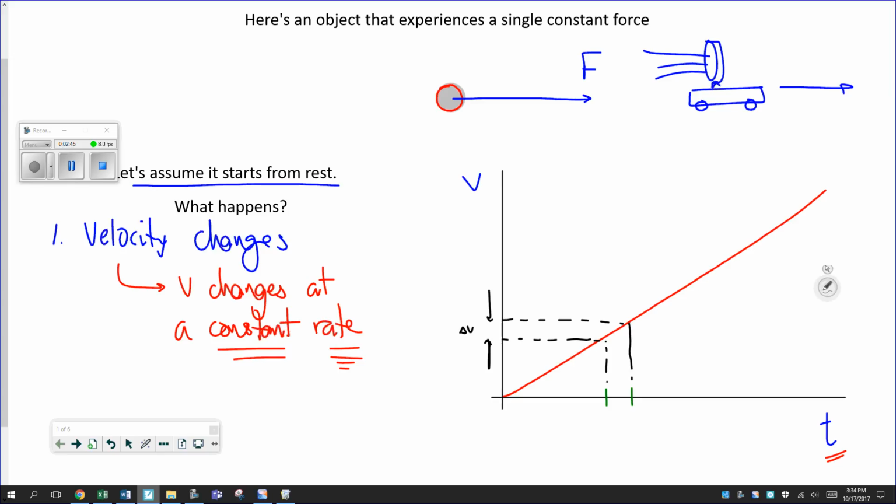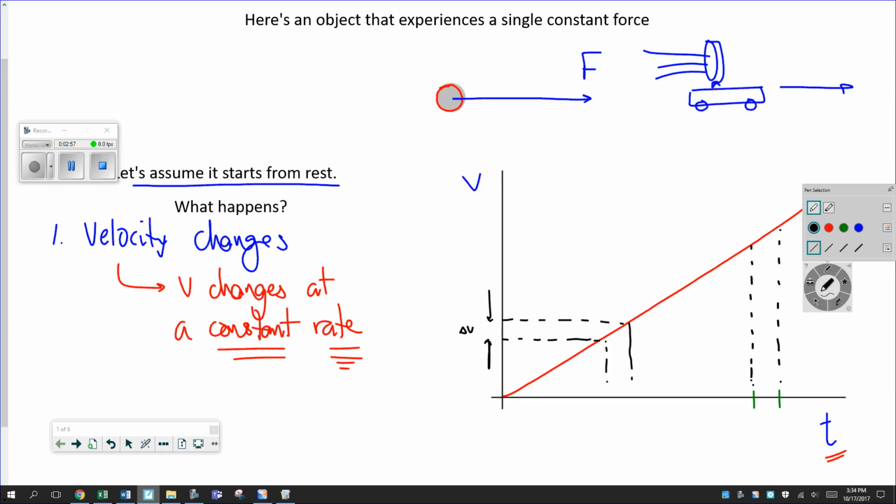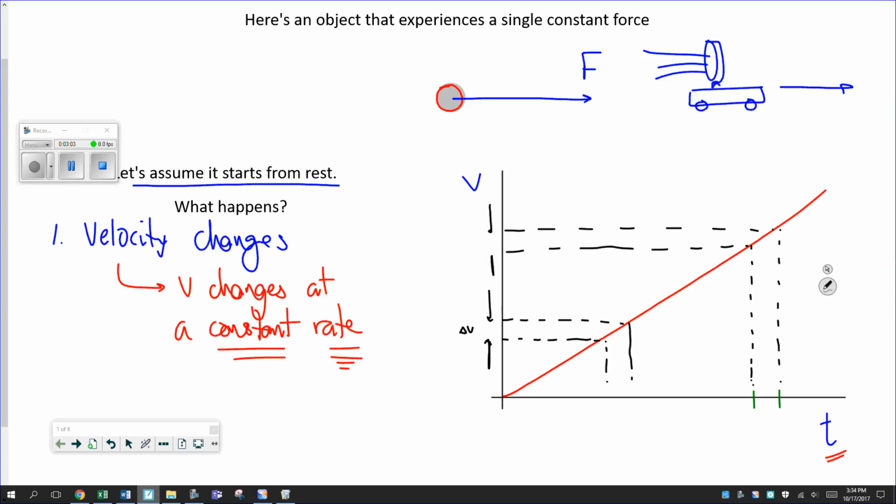If you then look at any other equal amount of time, and look at how much velocity changed during that amount of time, again the same amount of time but later on, well, look what you get. You get the same delta v. So in every equal amount of time, you get the same change in something else. That's what changing at a constant rate means.